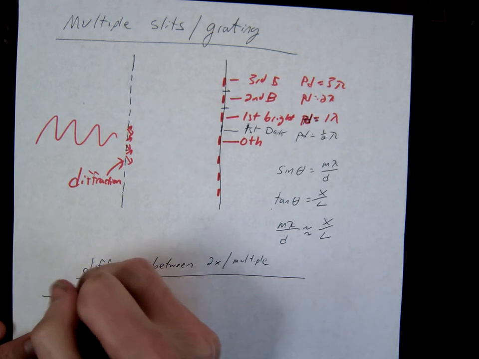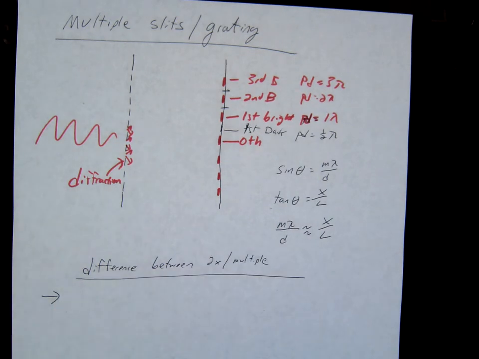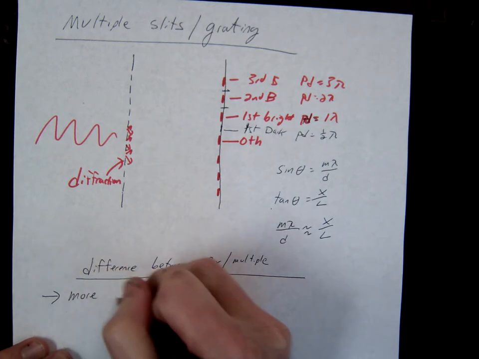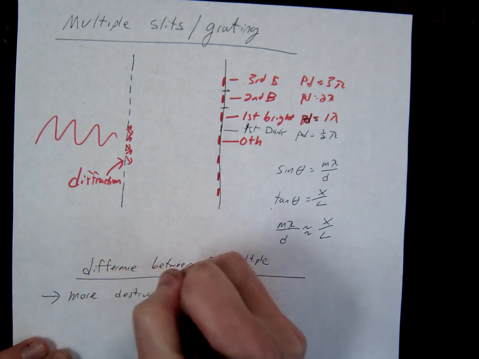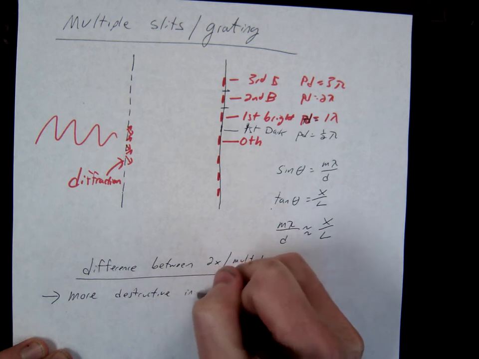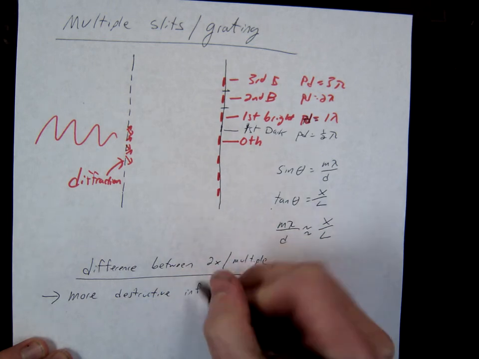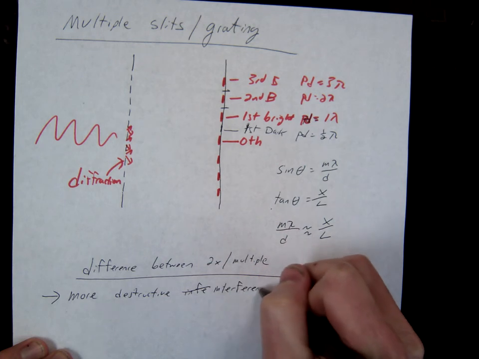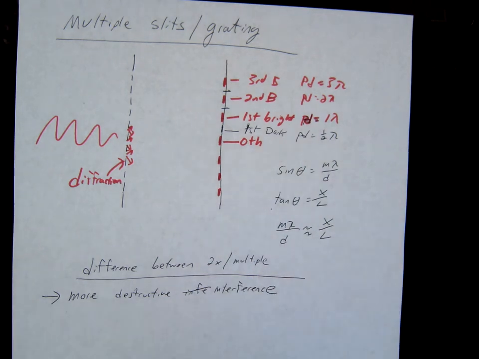The key conceptual difference is there's going to be more destructive interference, which means there's going to be a lot more cancellation.